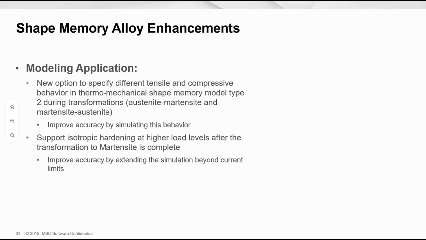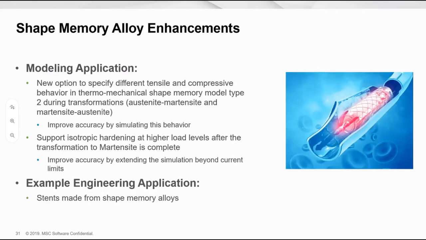Also, we're now supporting isotropic hardening at the higher load levels after the transformation of Martensite is complete. This further improves the accuracy by extending the simulation beyond current limits. The most common example engineering application for this would be stents, mainly, anywhere you're using shape memory alloys would help.